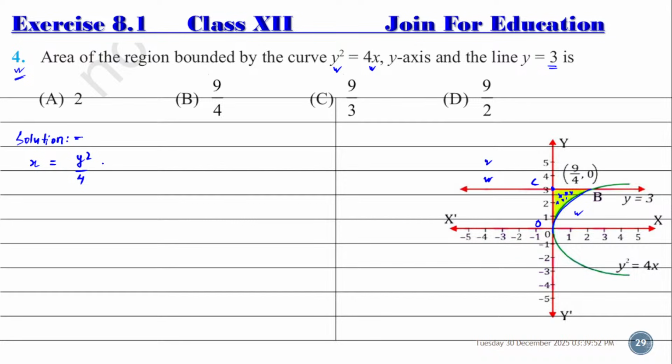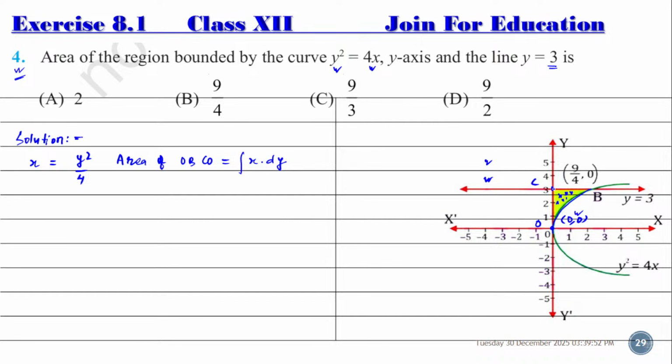So the area of O, B, C, O equals x into dy. Let's see what the limit is. When y equals 0, then we get x equal to 0. So the coordinate of this point is 0, 0.